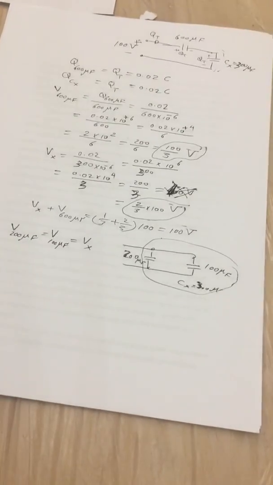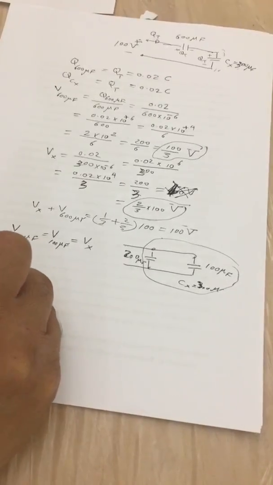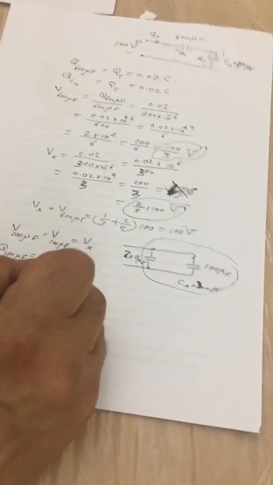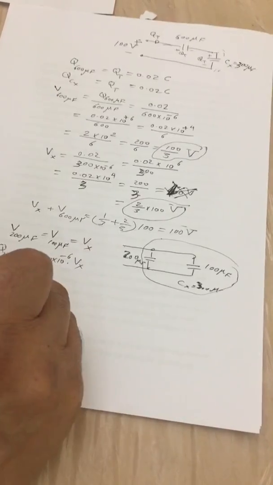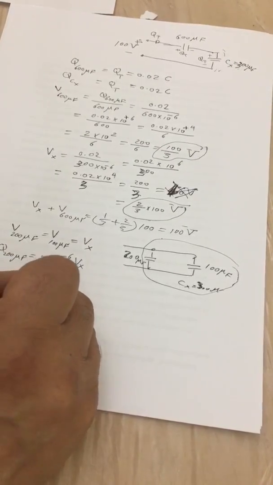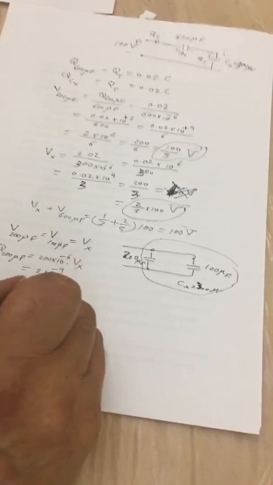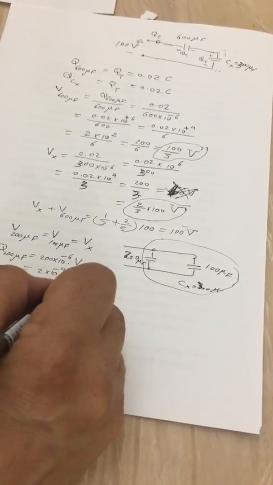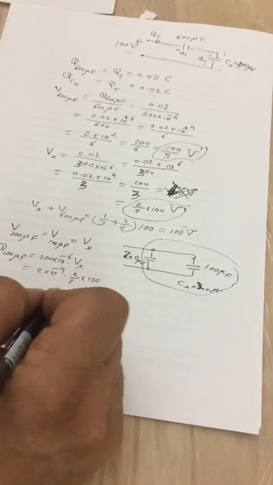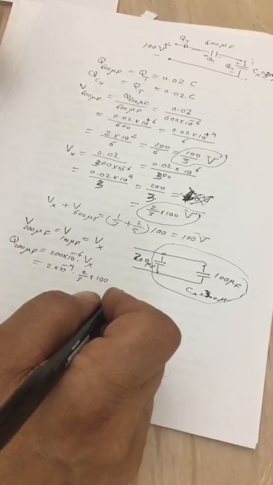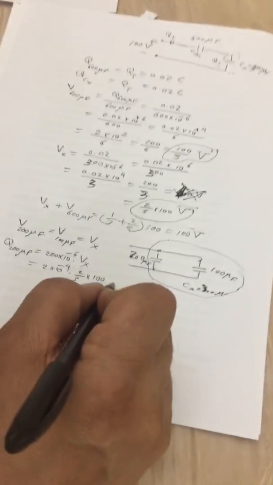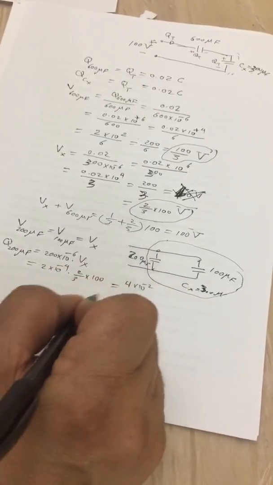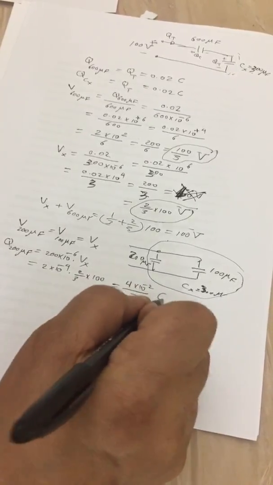So we can calculate the individual charges. Q of 200 microfarad is equal to 200 times 10 to the power minus 6 times Vx, which is 2 times 10 to the minus 4 times Vx, which is 2/3 times 100 volt. 2 times 2 is 4, and here 100, so 4 times 10 to the minus 2 divided by 3 coulombs.